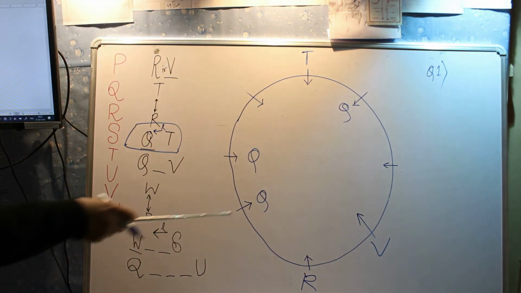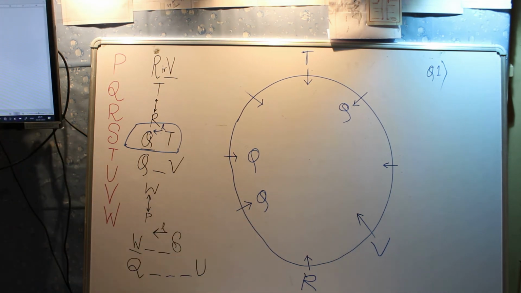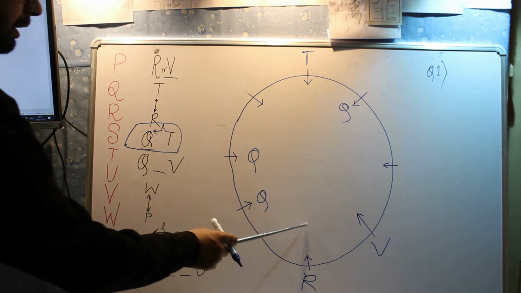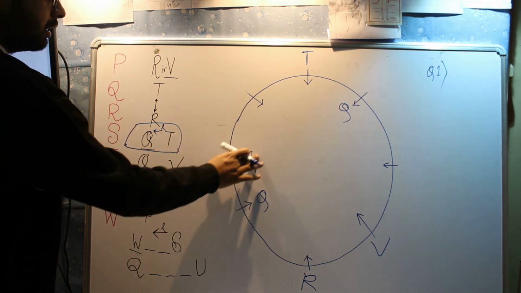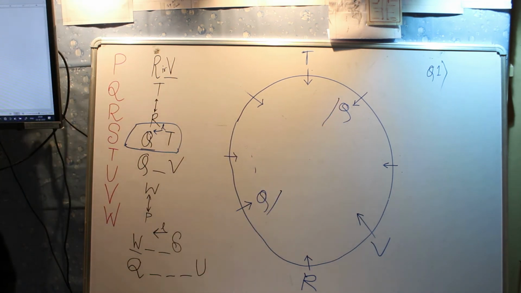And if we consider this one, between Q and V there is one person. And if I take Q here, there are two persons between Q and V, so it is not matching with this one. So the only possibility for Q is either this or this. Okay.